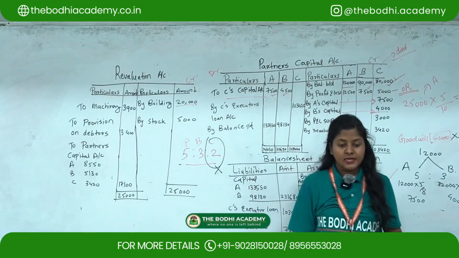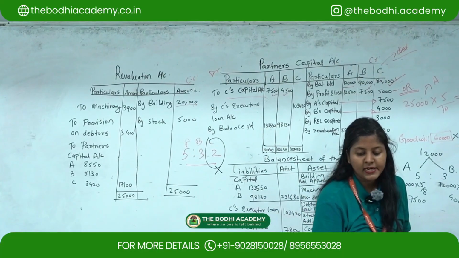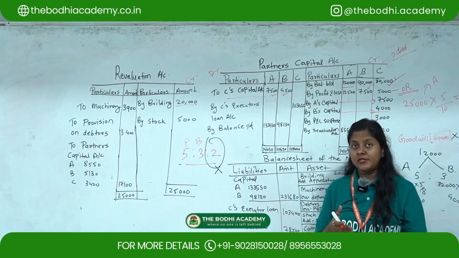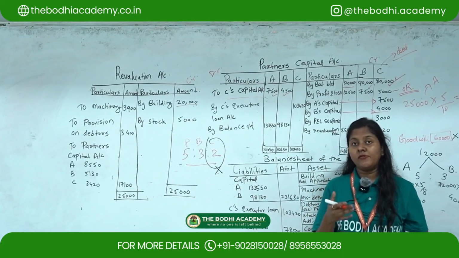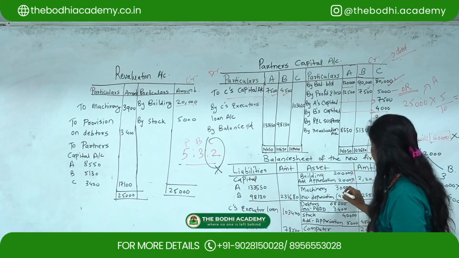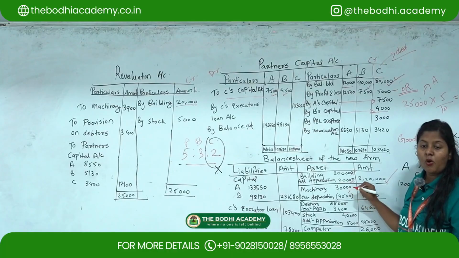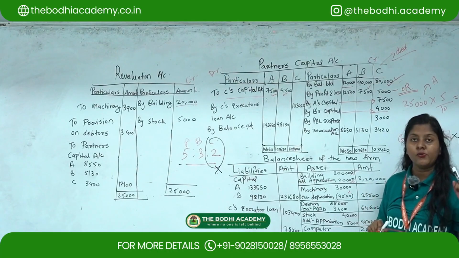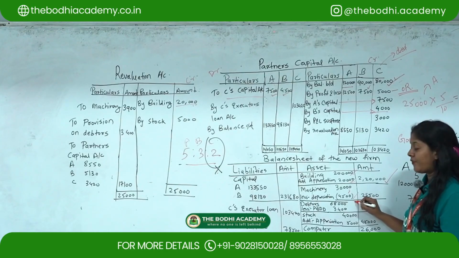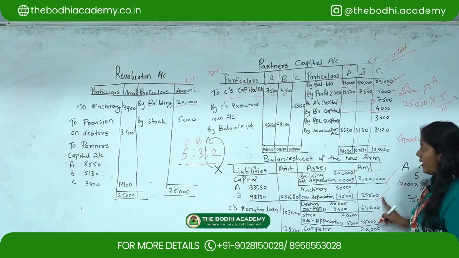Okay. Next, they have given machinery to be depreciated by 20%. Depreciation is nothing but the value of the asset going down due to wear and tear. Now here machinery's book value is 30,000. On 30,000 you have to find out 20%. So you'll get 6,000. So 30,000 minus 6,000 is 24,000.